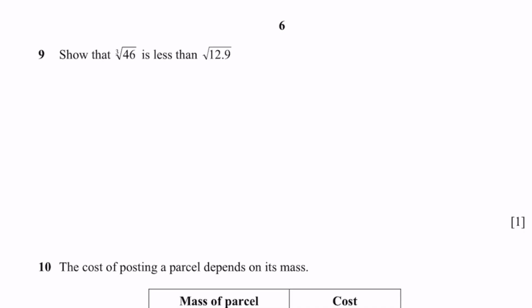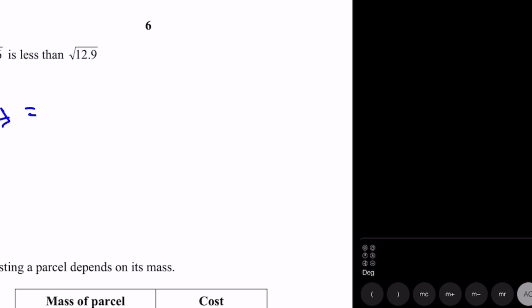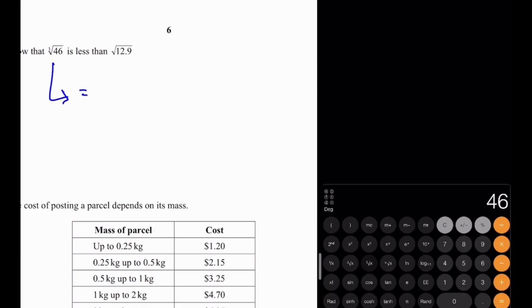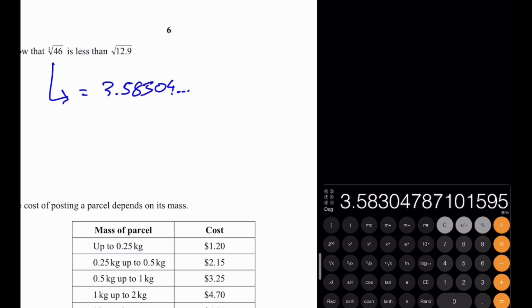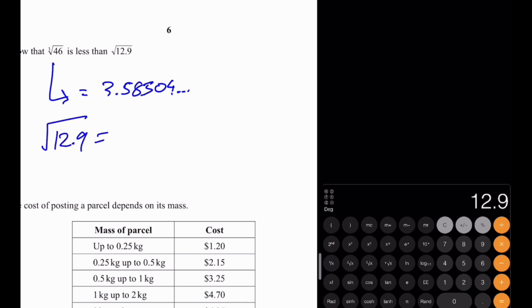Question 9. Show that cube root of 46 is less than the square root of 12.9. Cube root of 46, just getting our calculator out, 3.58304... Now for the square root of 12.9, let's do that over here as well.